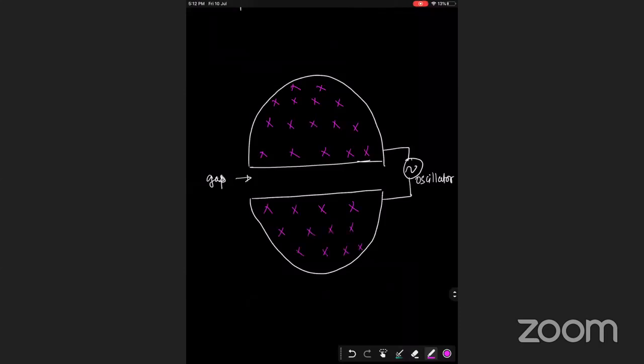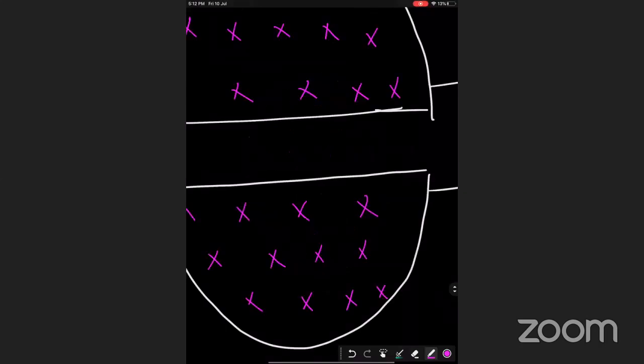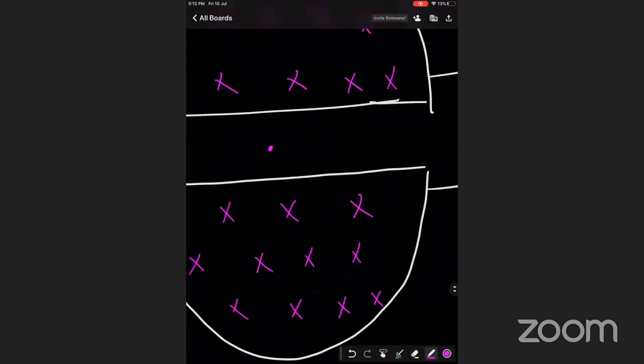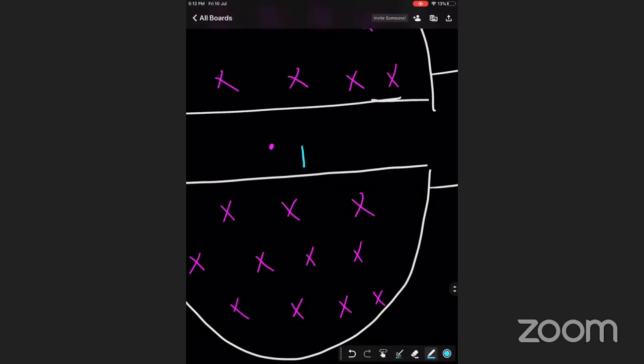And children, there is a very small gun here. This is the center. This gun will keep ejecting positively charged particles upward. Suppose this gun ejected a positively charged particle just now.